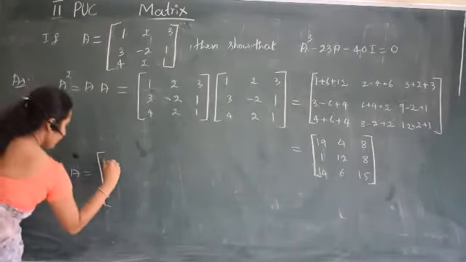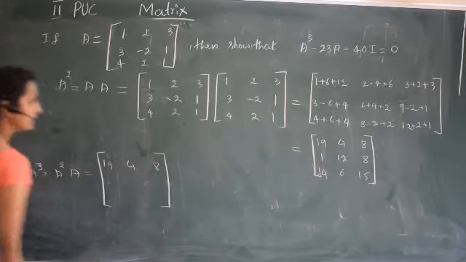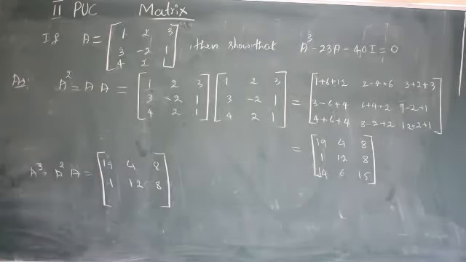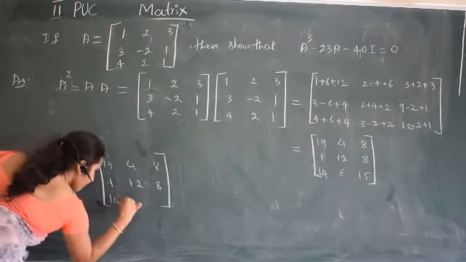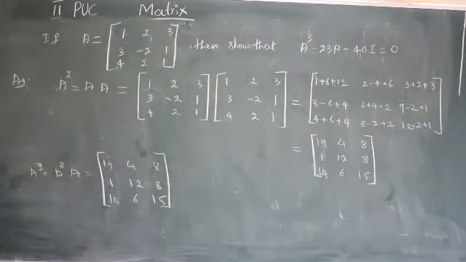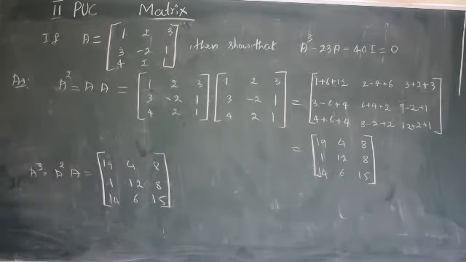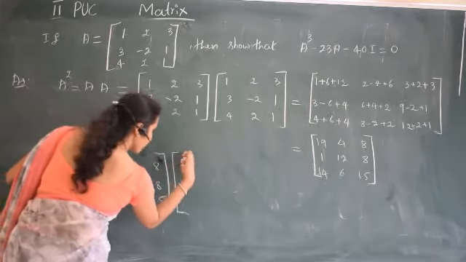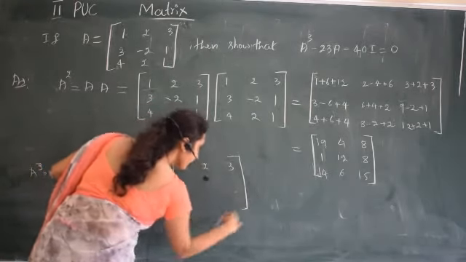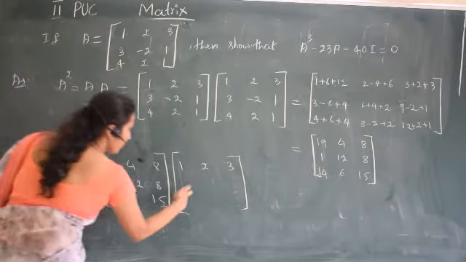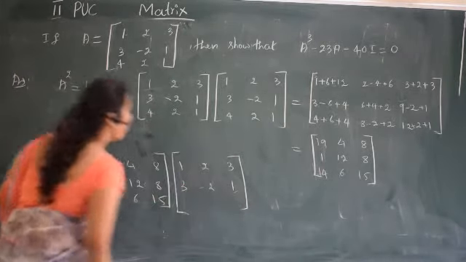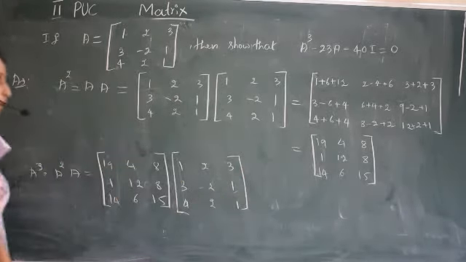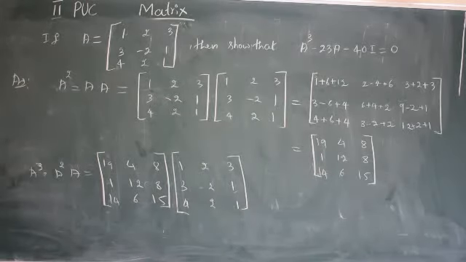A square is 19 4 8, 1 12 8, 14 6 15, into A, which is 1 2 3, 3 minus 2 1, 4 2 1. So now we have to multiply first row and first column.